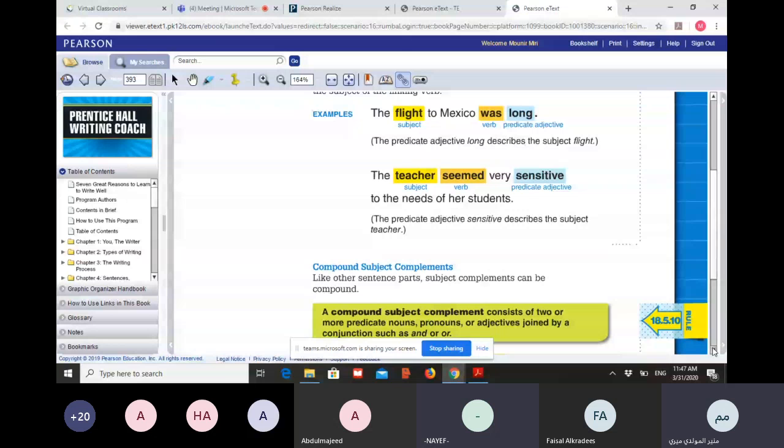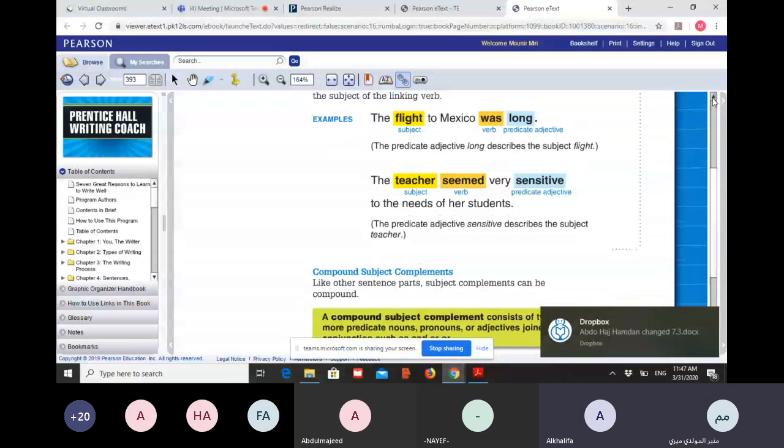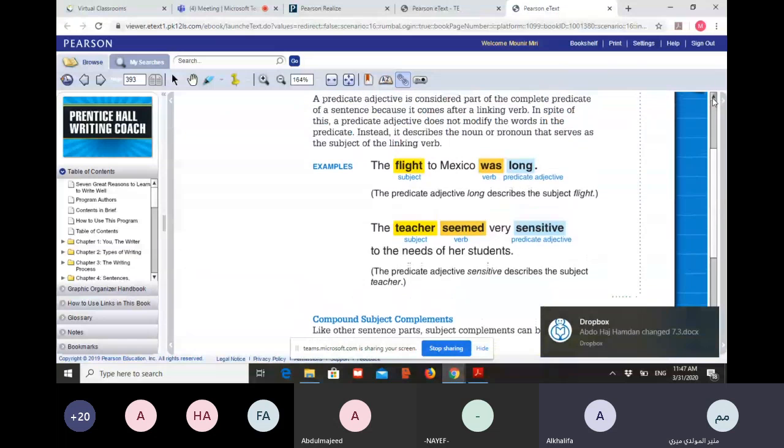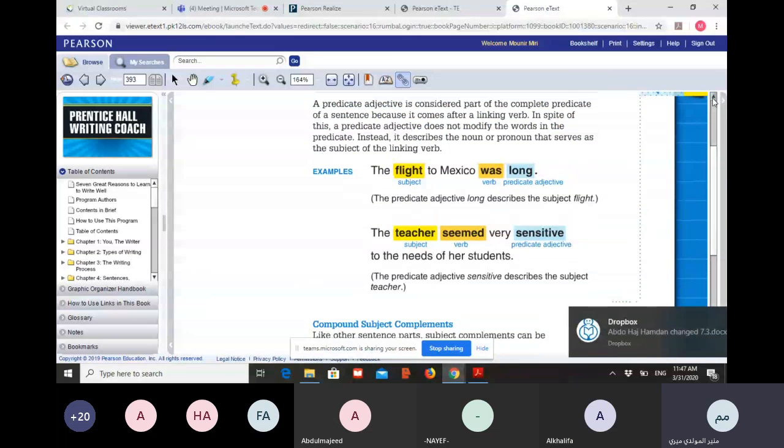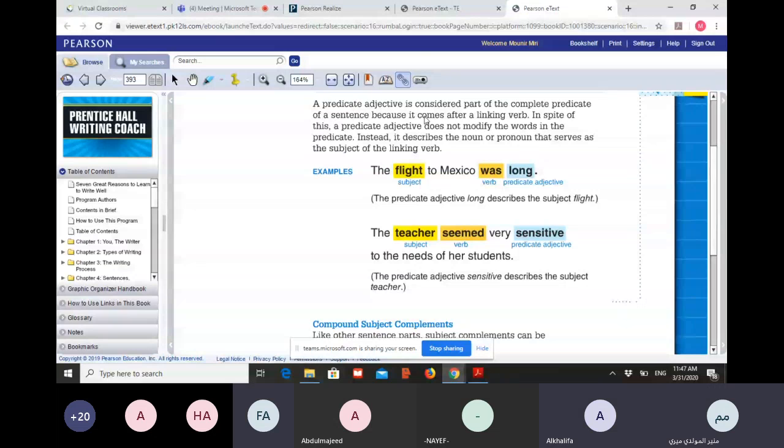Teacher, I didn't understand the predicate adjective. Naif, you did not understand the predicate adjective? It's approximately the same as a predicate noun and a predicate pronoun. However, now we're not talking about a noun or a pronoun. We are talking about an adjective that comes after the linking verb. As you see here, the flight to Mexico was long.